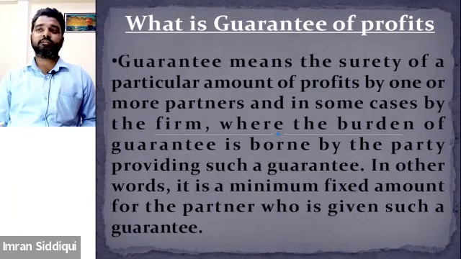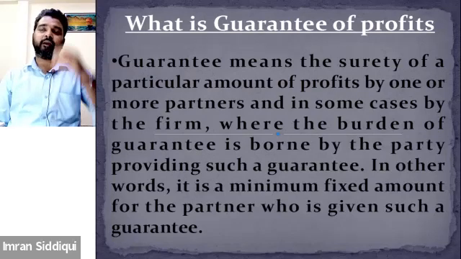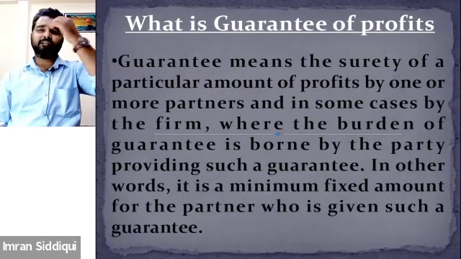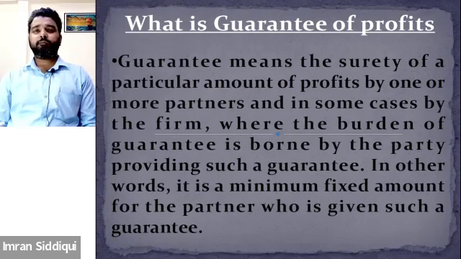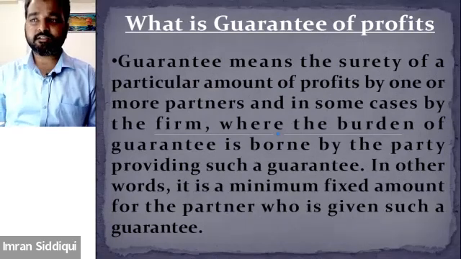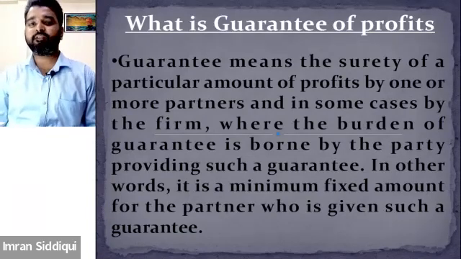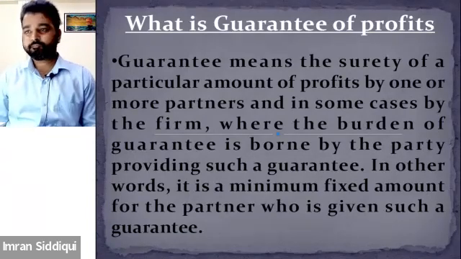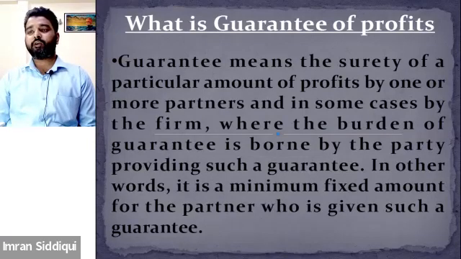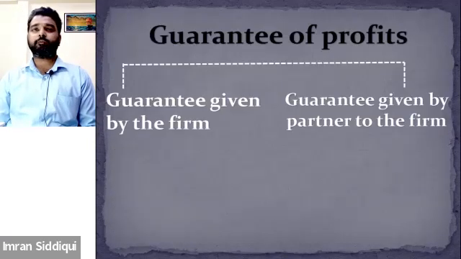All right. So guarantee means the surety of a particular amount of profit by one or more partners, and in some cases the firm, where the burden of guarantee is borne by the partner providing such guarantee. In other words, it is a minimum fixed amount which the partner who has given a guarantee has to bear.